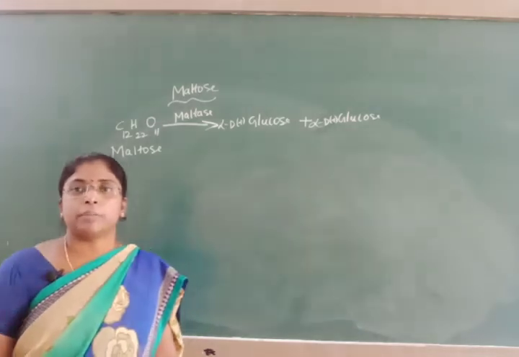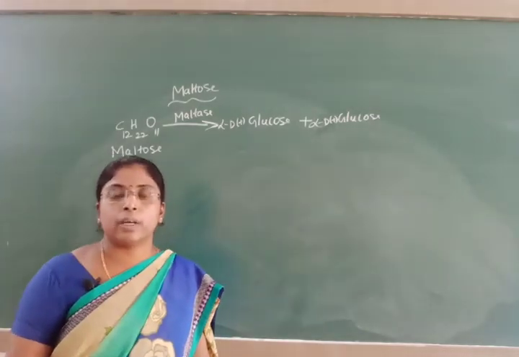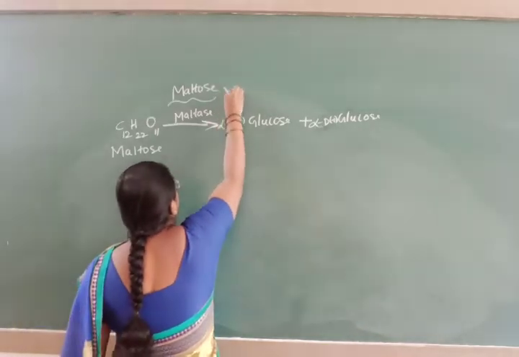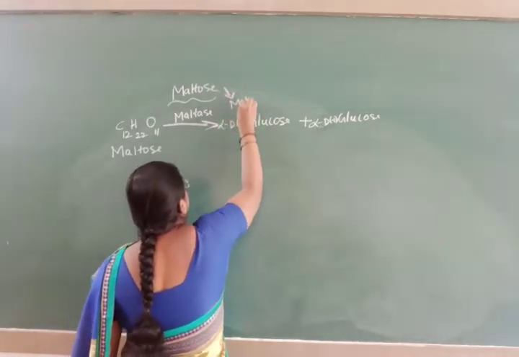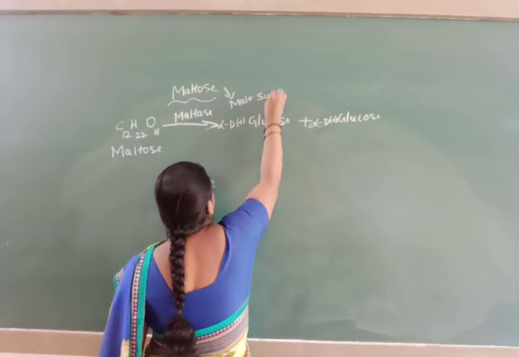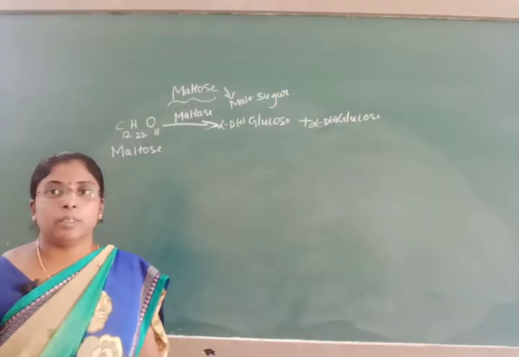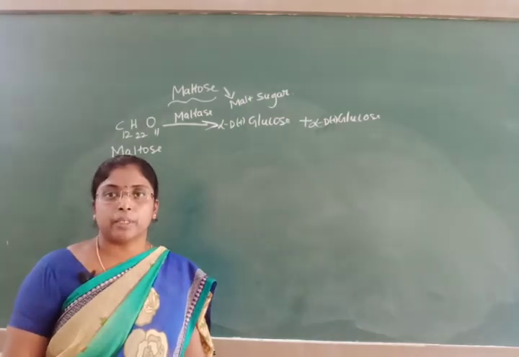This maltose is also known as malt sugar, since it is present in malt. 2 alpha D glucose units are obtained.